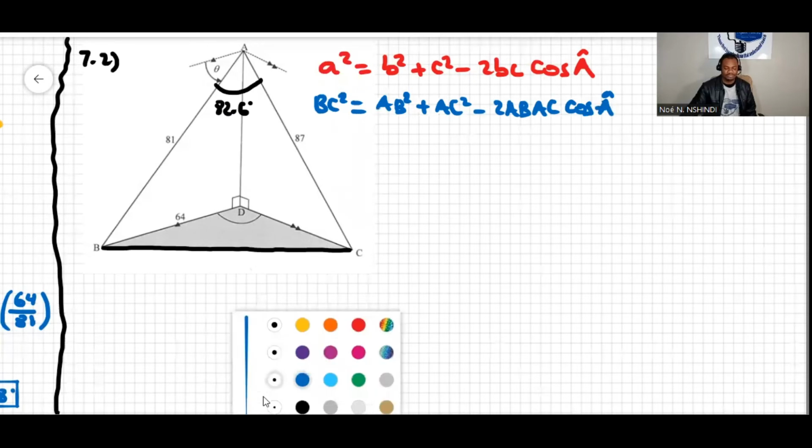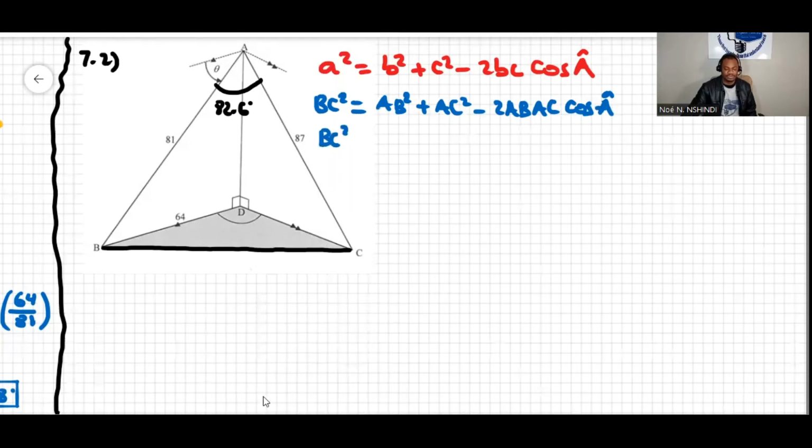Now we can substitute the values. BC squared will be equal to AB, which is 81, squared, plus AC, 87, squared, minus 2 times 81 times 87 times cos of 82.6 degrees. This can be entered in the calculator.